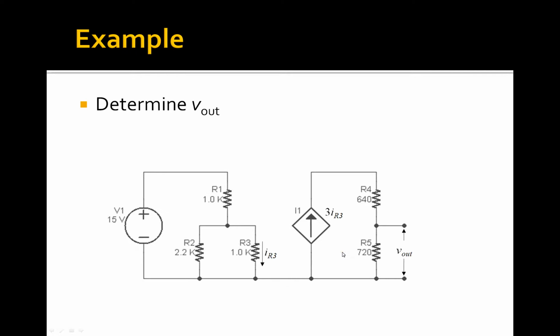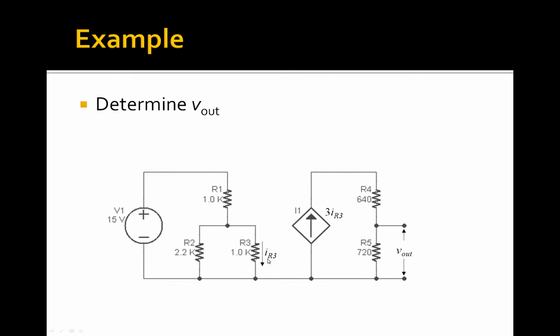All right, so to look at how we can use this, let's look at another example. In this example, essentially we have two separate paths, two separate circuits. We have the one on the left-hand side that is driven by this independent voltage source of 15 volts, and we have a second loop that is driven by a dependent current source, and the current provided by that dependent current source is 3 times the current that passes through the resistive element R3 right here.